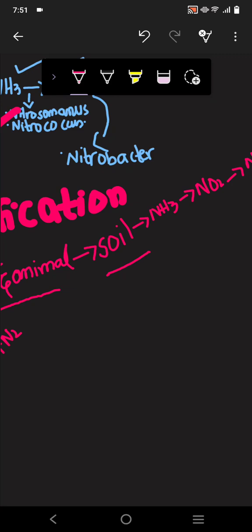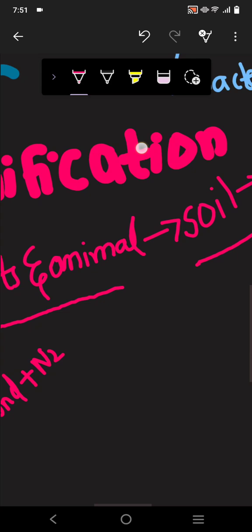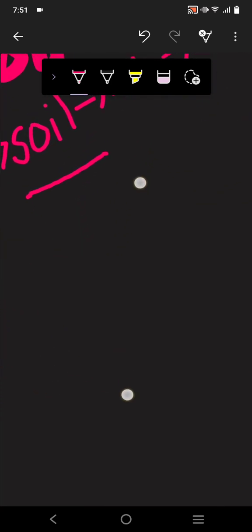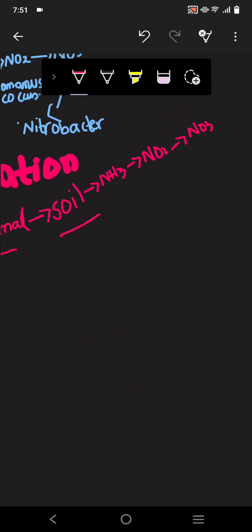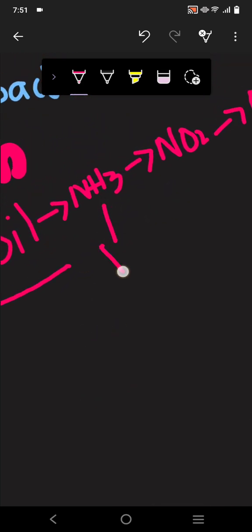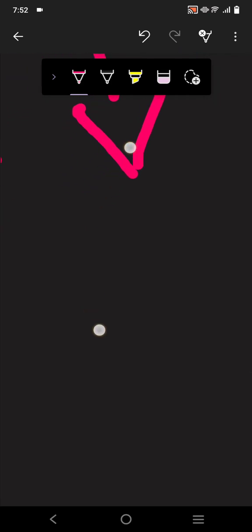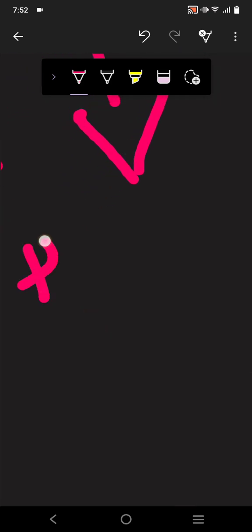But what if all the nitrogen is converted into nitrate? This is not okay for the environment, because we have to give nitrogen back to its environment as well. When ammonia is being converted into nitrite and then nitrate, at some point nitrogen goes to the air.